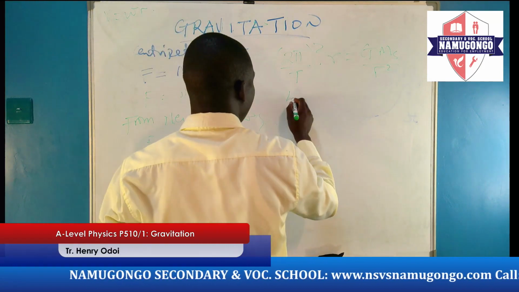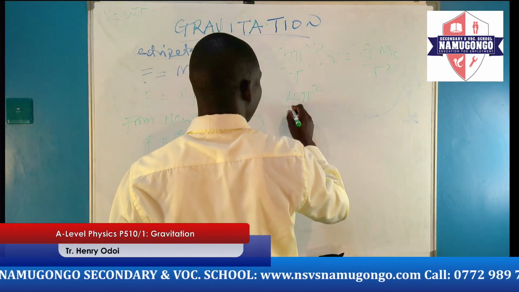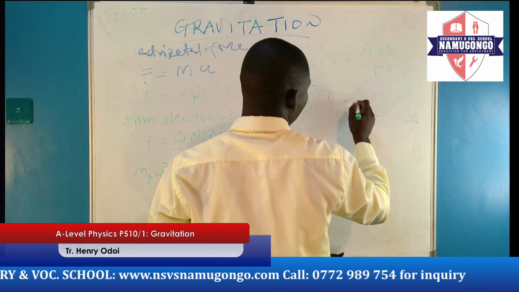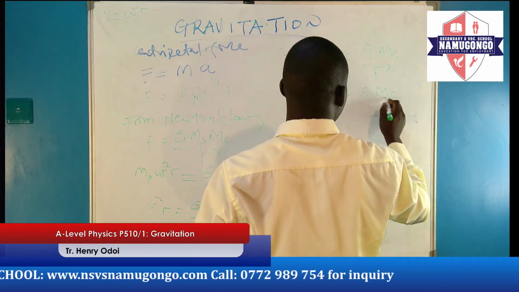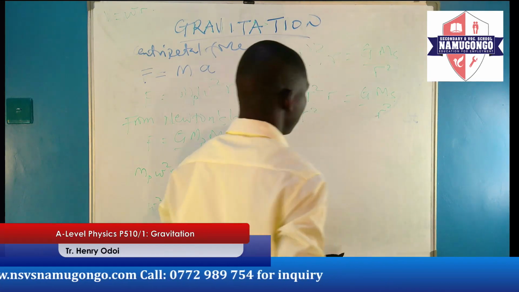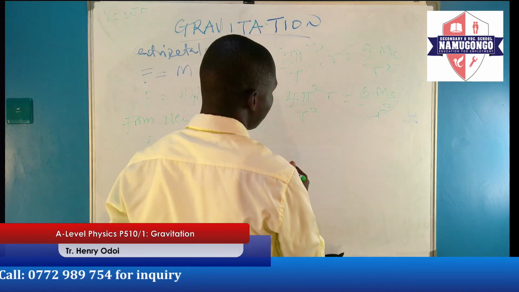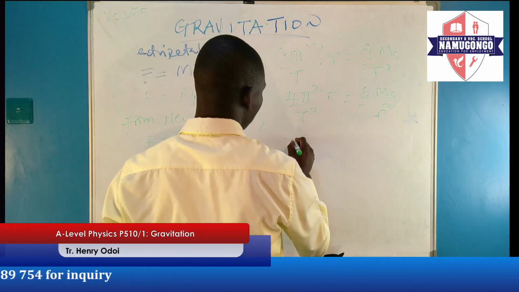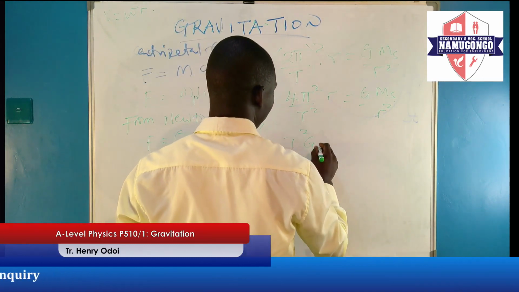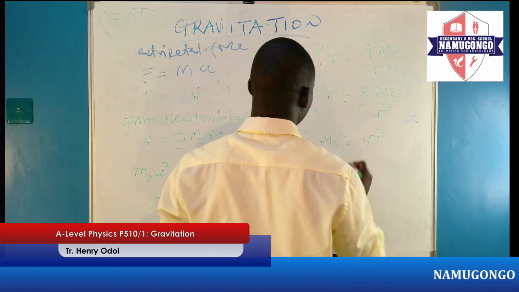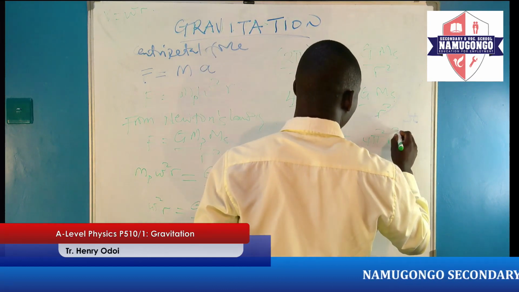When we open the bracket here, we shall get 4 pi squared over T squared times r equals G ms over r squared. When we cross multiply, we shall get T squared G ms equals 4 pi squared r cubed.